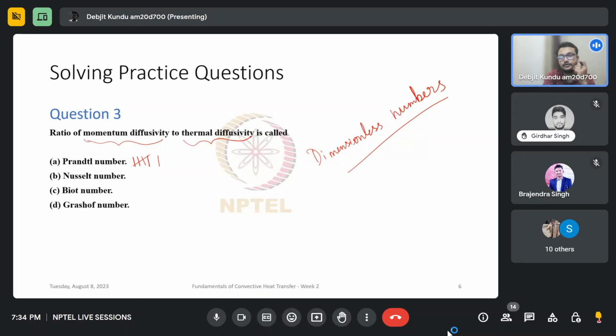So the ratio of momentum diffusivity to thermal diffusivity is called what? Is it option A, Prandtl number, option B, Nusselt number, option C, Biot number, or option D, Grashof number?